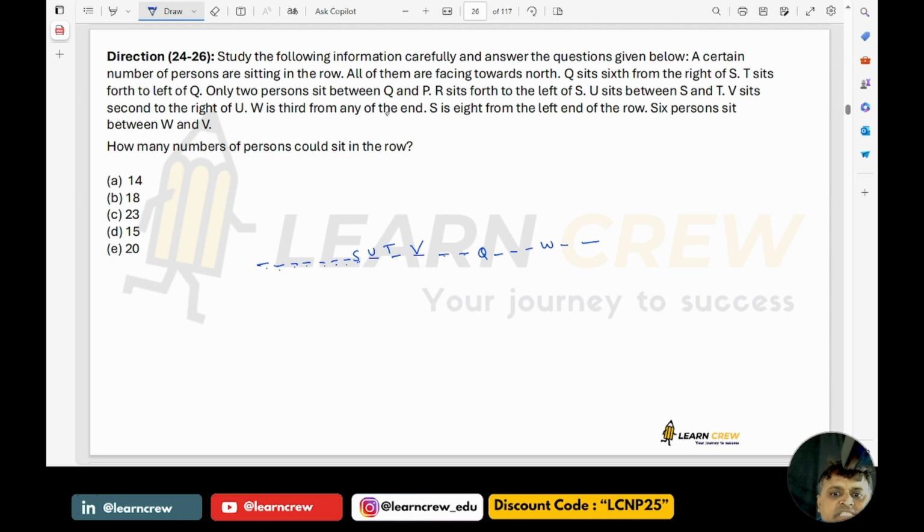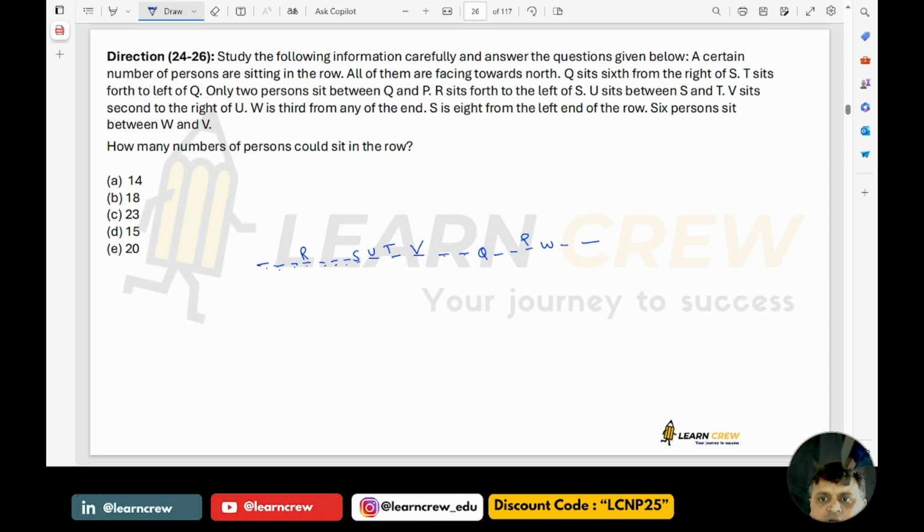Only 2 persons sit between Q and P. That means on this side it cannot be, so it has to be P definitely. R sits fourth to the left of S: first, second, third, fourth.